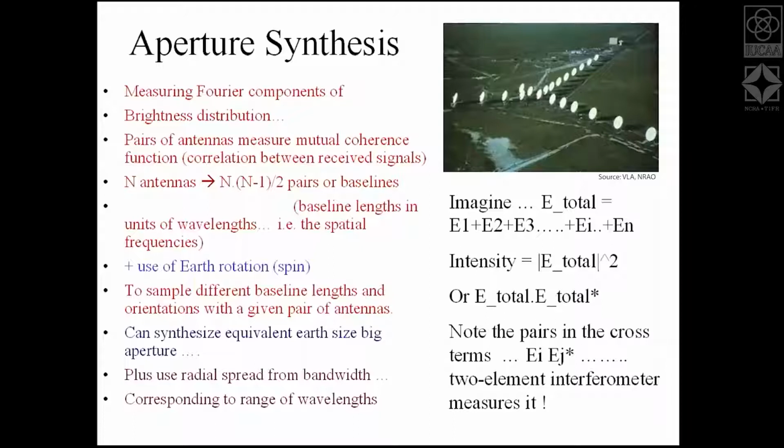Now you can ask how many pairs you can get. Somebody gives you n antennas, you can get NC2 independent pairs. So you can make n into n minus 1 by 2 measurements of the Fourier components.